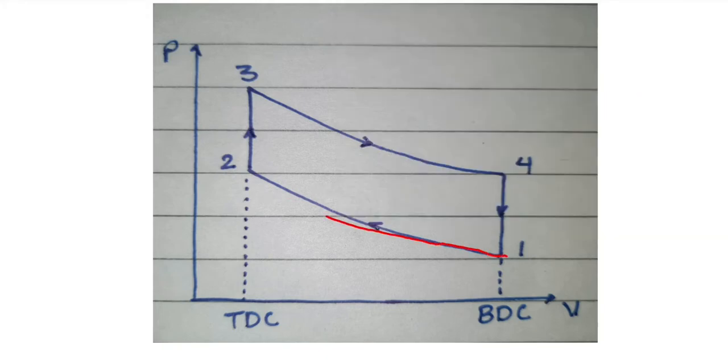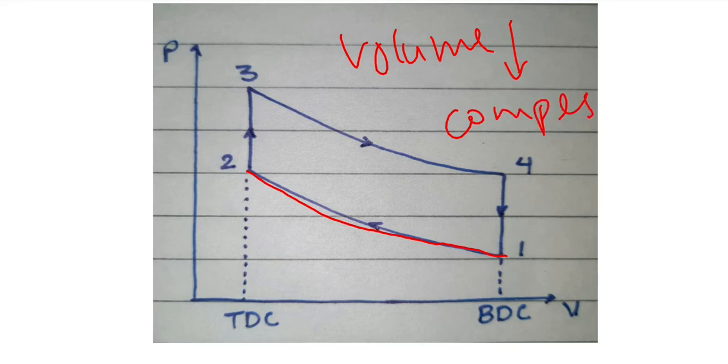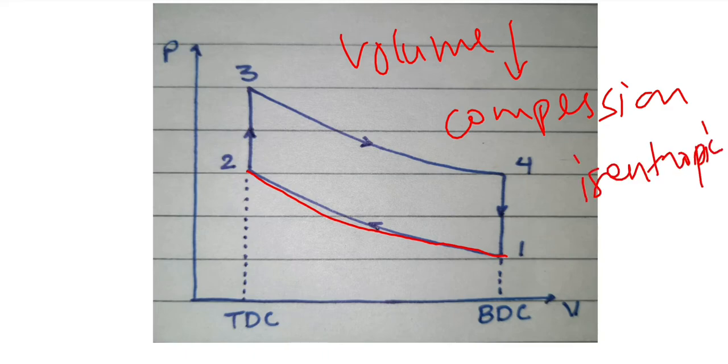From 1 to 2, what will it be? The volume is decreasing. What does it mean? It is compression. Volume decrease means compression, and it is an isentropic compression, that is, entropy is constant.